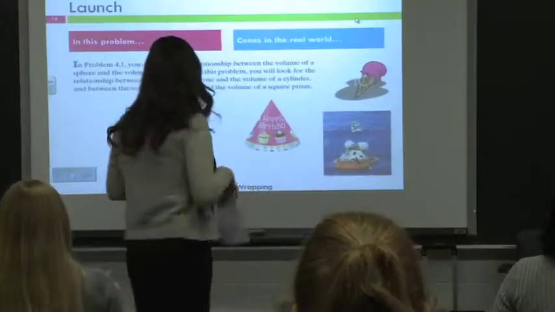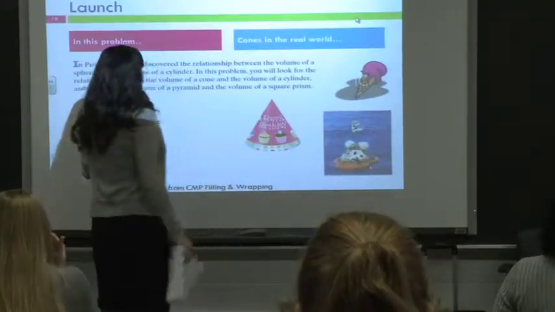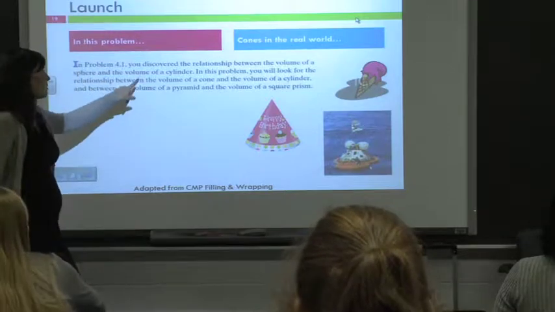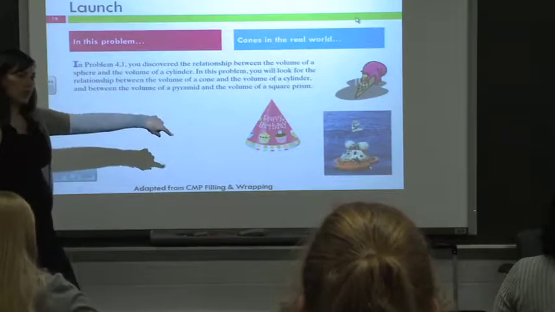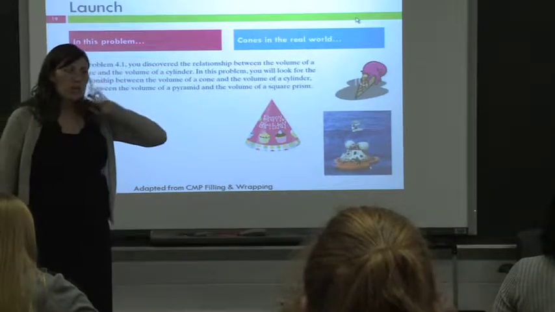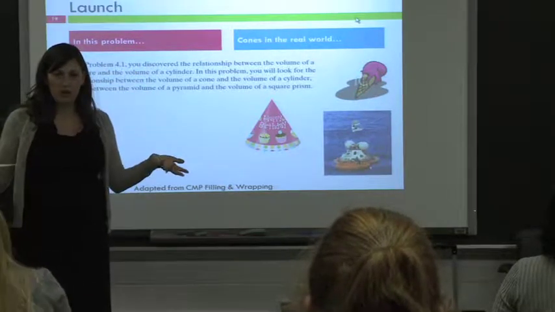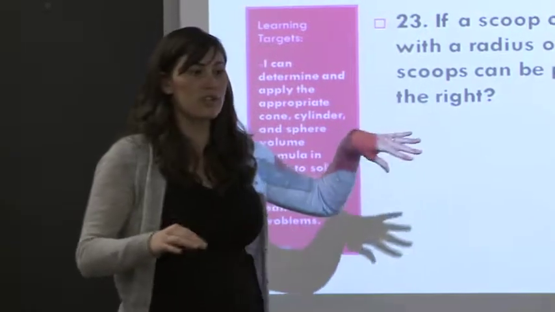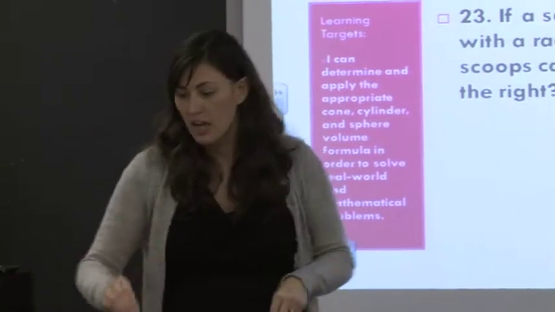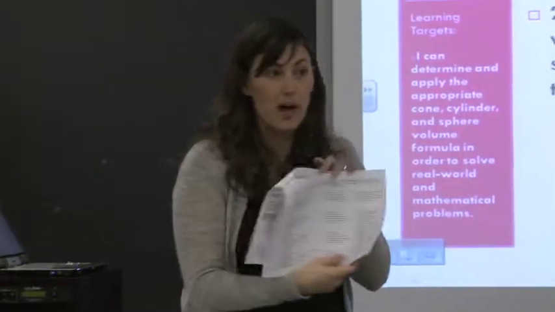So in this investigation, we're going to be looking at the relationship between the volume of the cone and the volume of a cylinder. So right now, your kids, they've got a framework. Part of our structure is that for every unit they have coming up, we create what we call a unit at a glance. I put in the unit at a glance clear opportunities for you to practice.